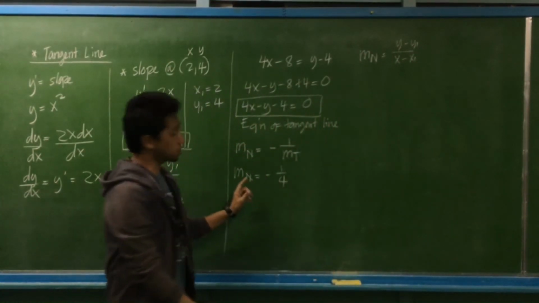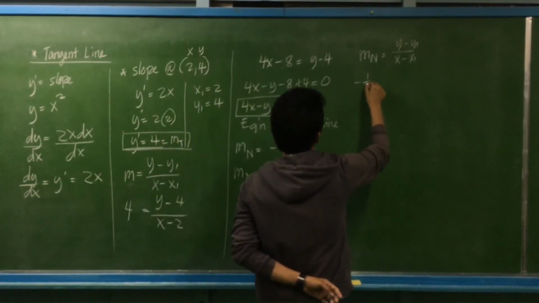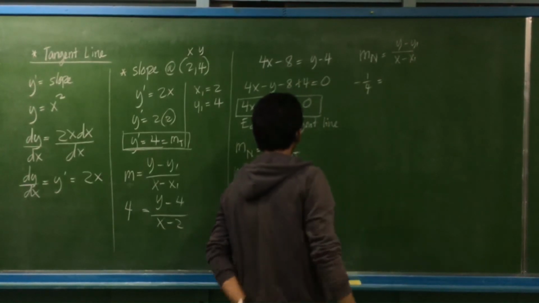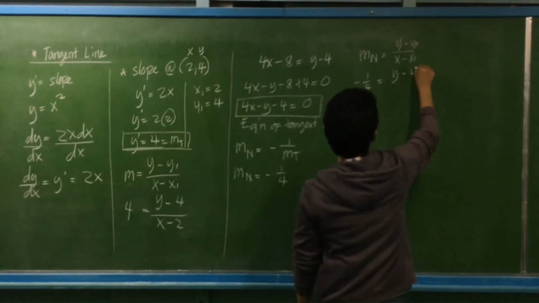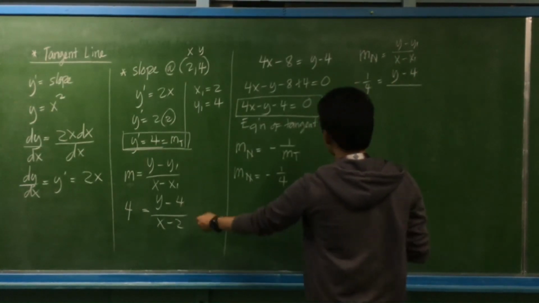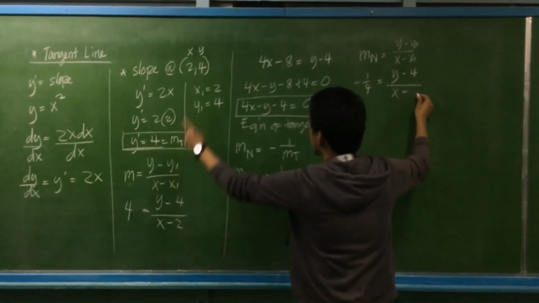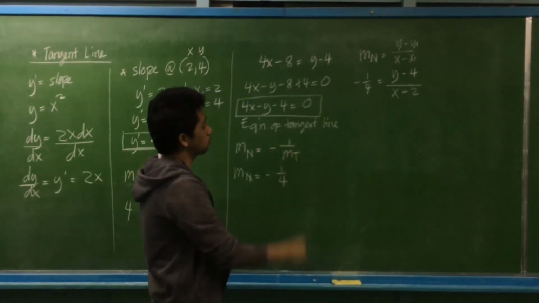So the slope of the normal line, negative 1 over 4, is equal to y minus, this is our y1, 4, divided by x minus x1, which is 2. We may do cross multiplication.